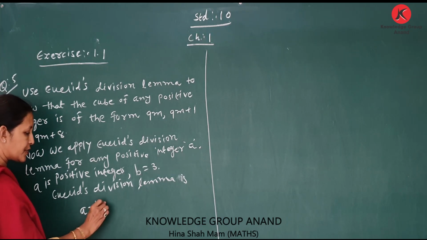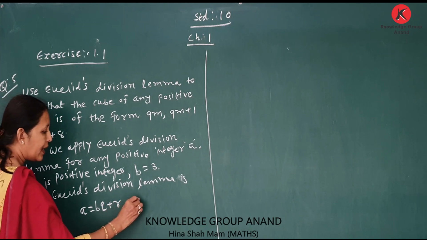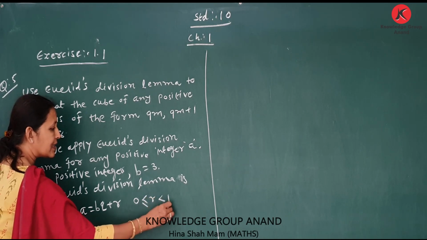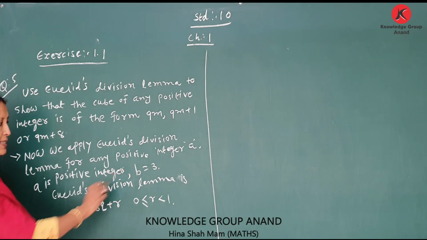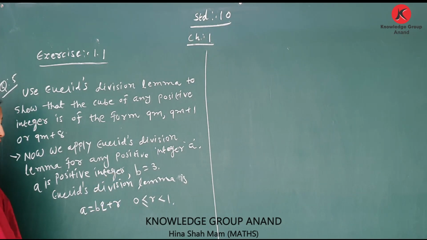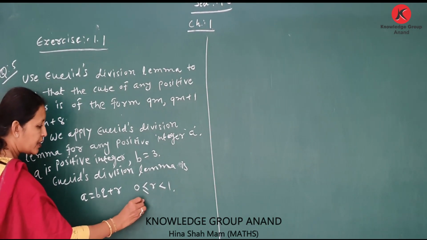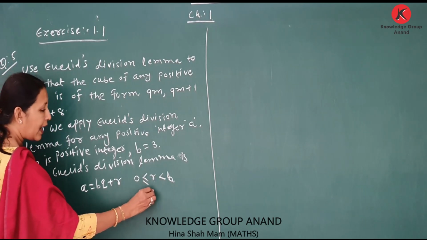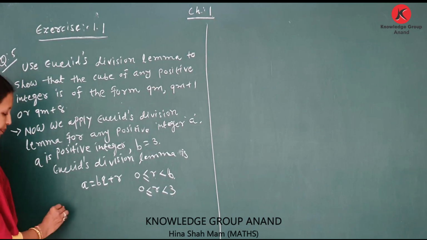A is equal to BQ plus R, where 0 is less than or equal to R, and R is less than B. Here A is a positive integer and B is equal to 3. R is 0 less than or equal to R less than B, that means less than 3.